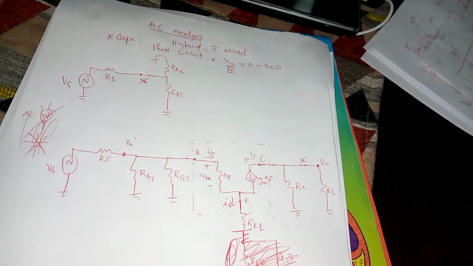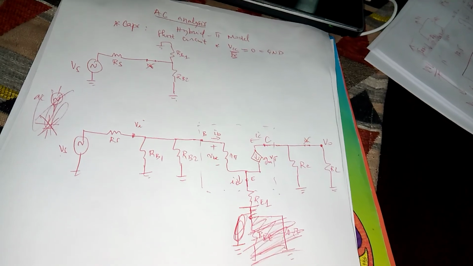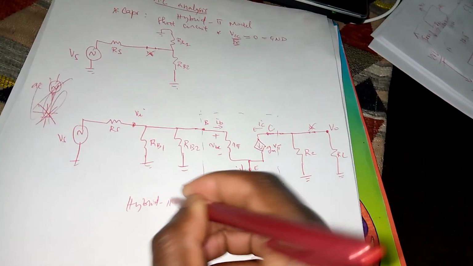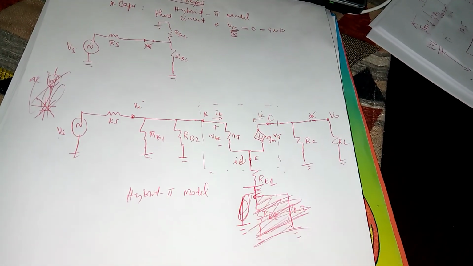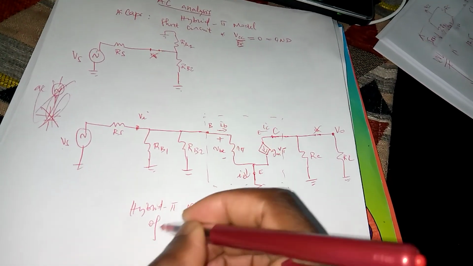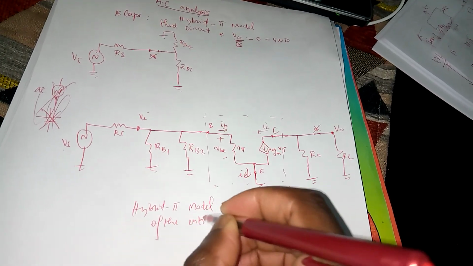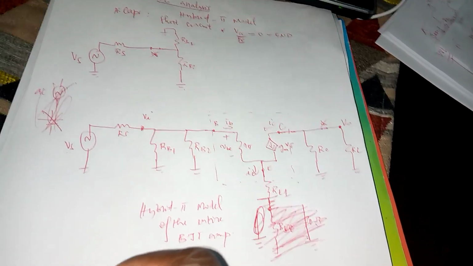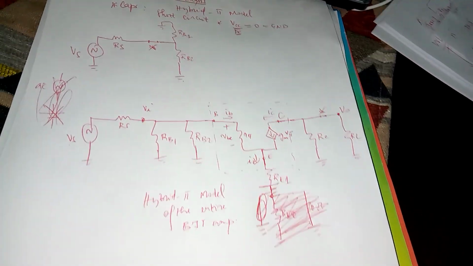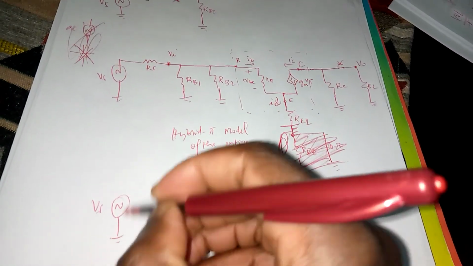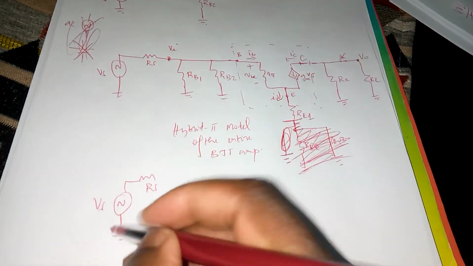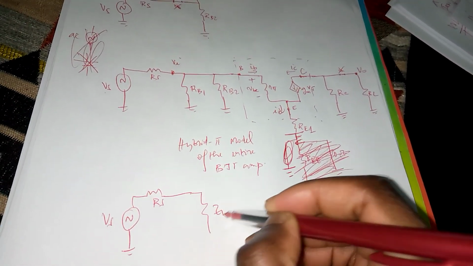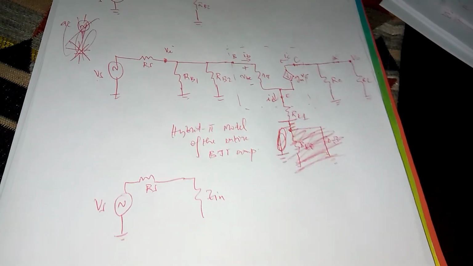Now, to simplify this model, we present what we call the hybrid pi model, and sometimes we ask you to draw this for the entire BJT amplifier. So this one is a more simplified model where you've got VS, you've got RS, and we know that VS gets shared between RS and some more common or summary type of input resistance of the amplifier.